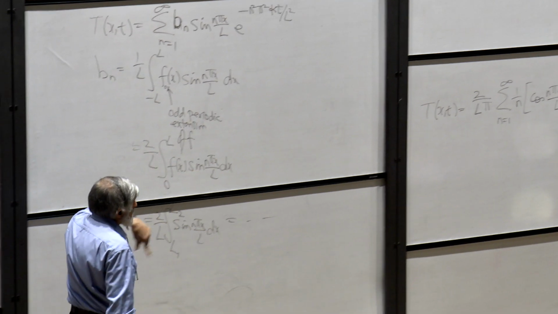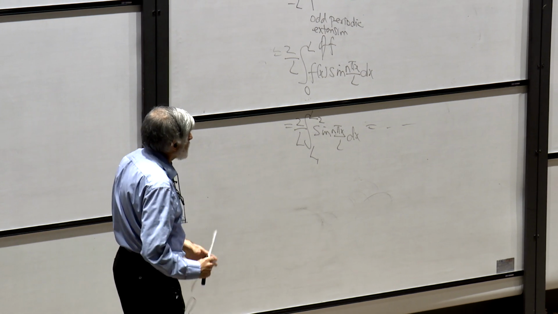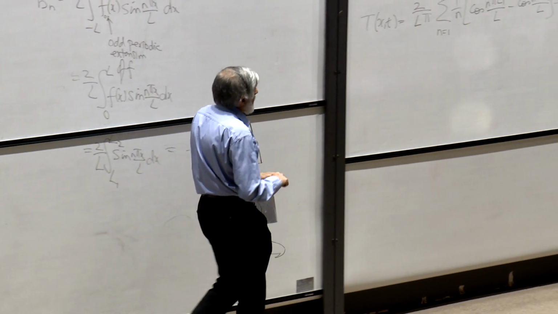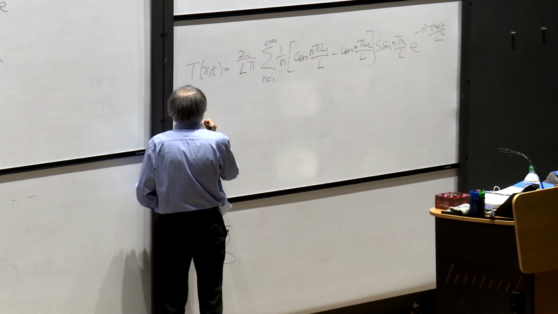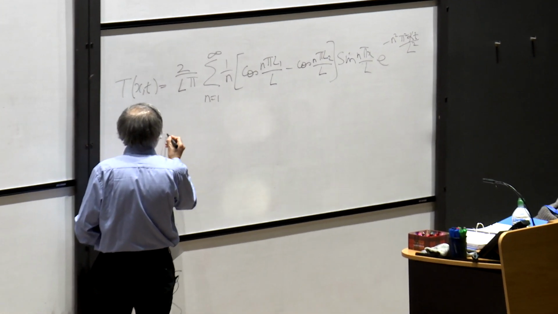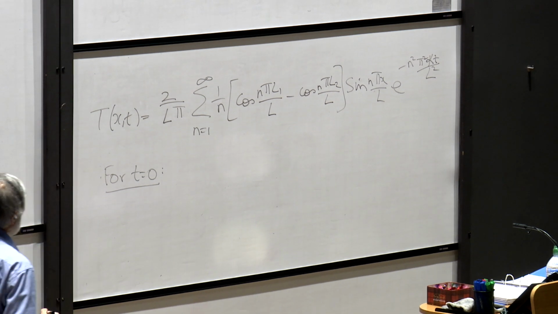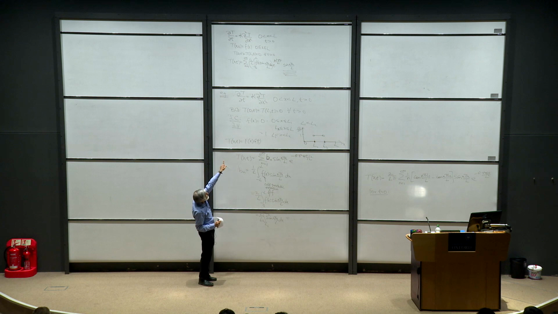Okay, so now if we look at that equation there, for t equal to 0, this is the Fourier series of the f, which is that thing there.